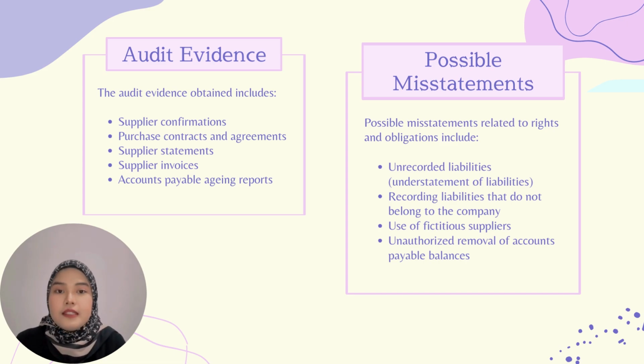Audit evidence includes supplier confirmations, contracts, supplier statements, invoices, and accounts payable aging reports. Possible misstatements include unrecorded liabilities, recording liabilities that do not belong to the company, and fictitious suppliers.